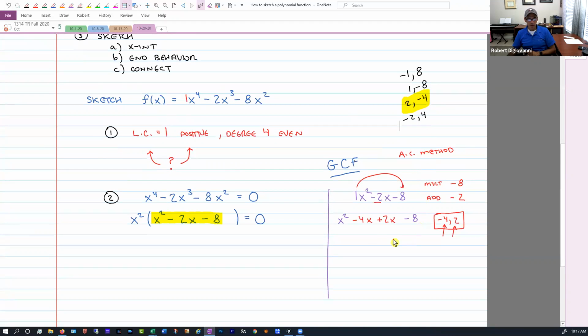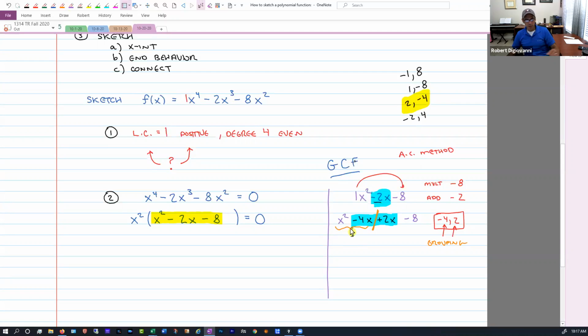Once you do that, what we're doing is rewriting -2x as this. When you look at this, you can see -4x plus 2x would become -2x. But the reason we do this is so that we can split this and factor it by grouping. So now I'm going to do grouping, which means I look at just the first two and I pull out a GCF.